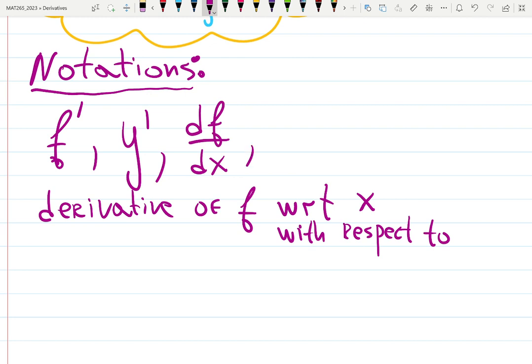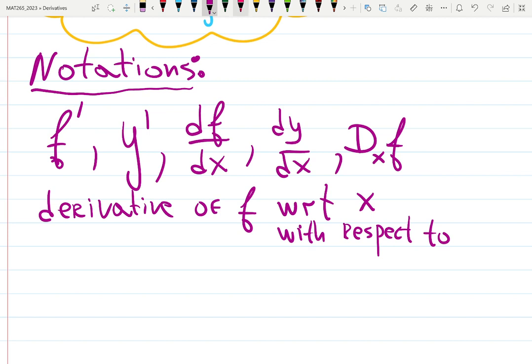You will also see dy dx. And not very popular, but American books like to do it sometimes, capital D of f, derivative of f with respect to x. That's not a popular one.